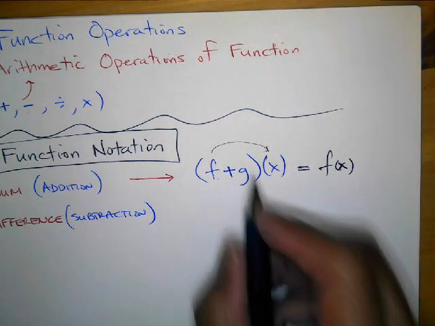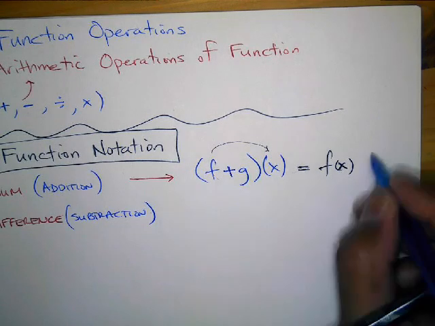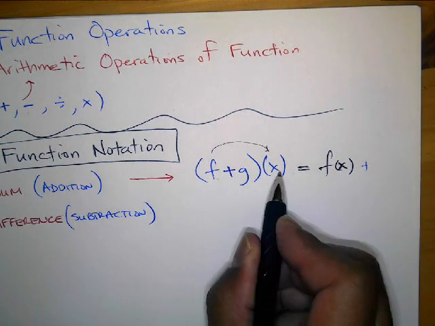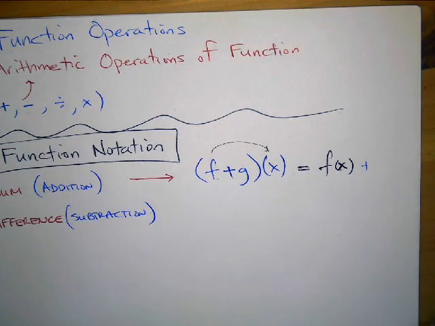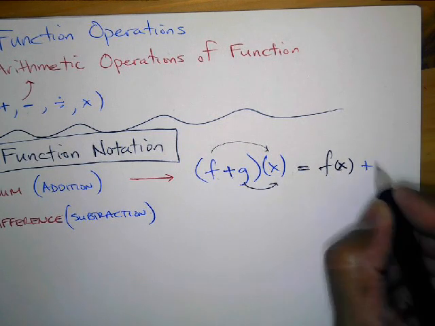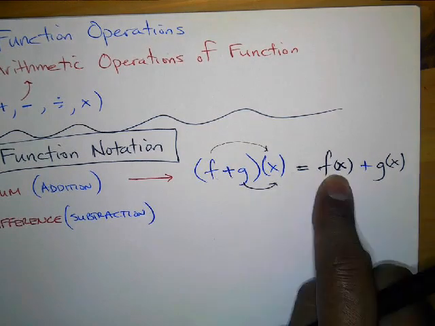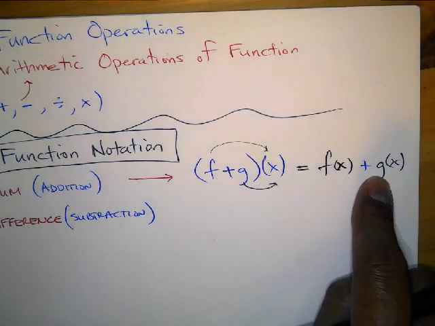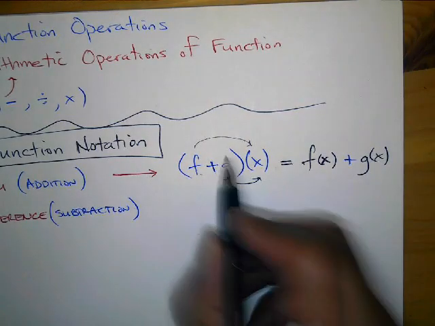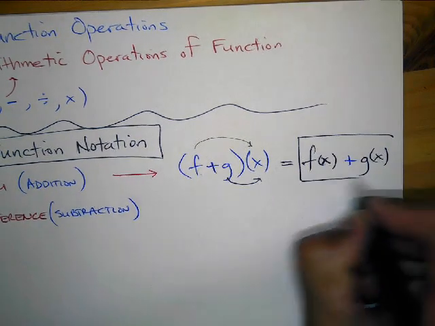The function of x, and then the operation is plus, the function of x added to what? Then you look at the next one, which is the function g. The function f, the first one, added to the function g. This is the way they're going to write it, but this is really what you're doing.